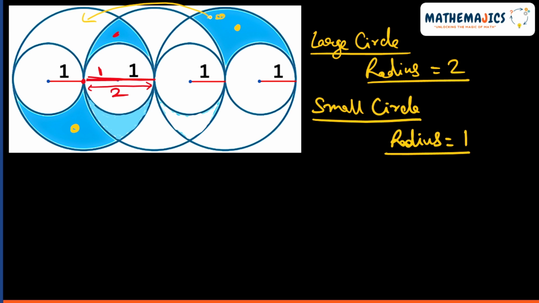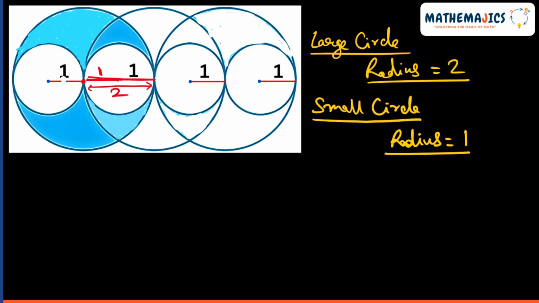Now, similarly, we will shift this area that is indicated by this yellow arrow into the first circle. Now, since we have shifted this here, this will become non-shaded. So we will make it non-shaded. Now, if you look at this, the question becomes very, very easy.